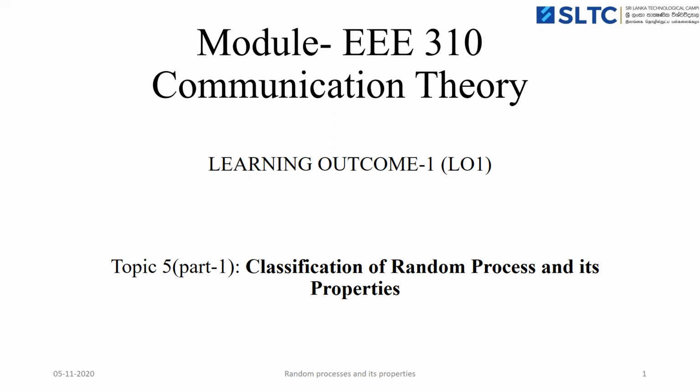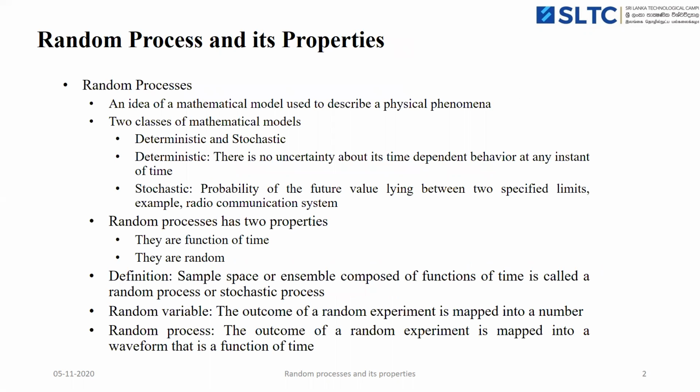So in today's session, we are going to discuss another interesting topic in communication theory, that is classification of random process and its properties. So random process is an idea of a mathematical model used to describe a physical phenomenon.